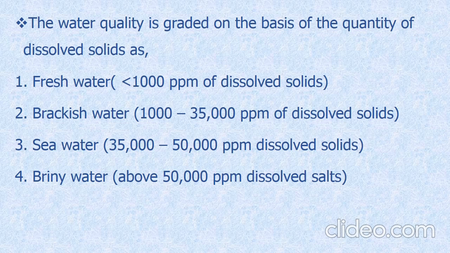Brackish water has more than 1000 and up to 35,000 ppm of dissolved salt. Seawater is generally 35,000 to 50,000 ppm dissolved salt, and briny water, which is more than 50,000, is highly salty in nature. So based on the salt, water can be graded into 4 types.